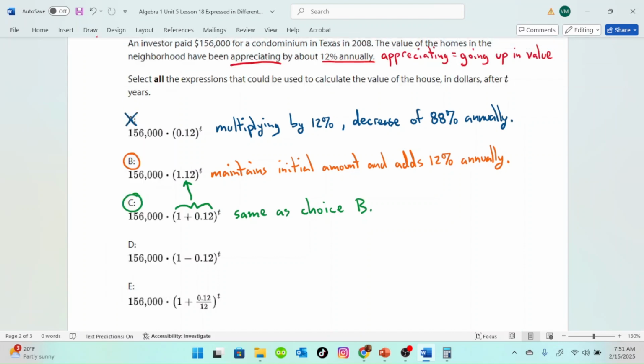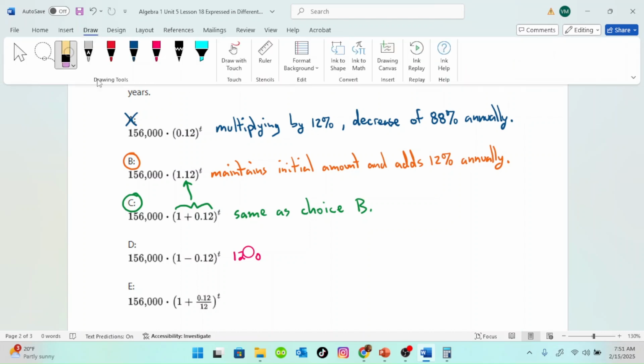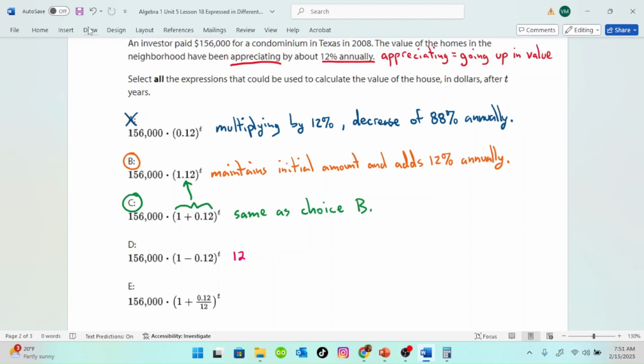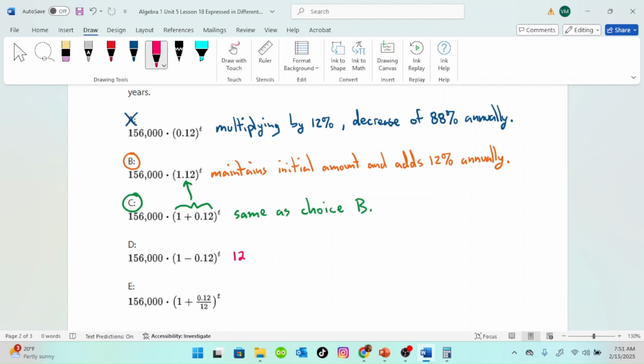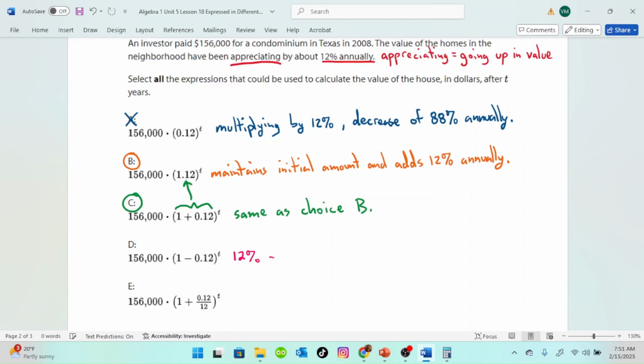Choice D. We have the $156,000 initial price multiplied by 1 minus 0.12. This is a 12% decrease annually.